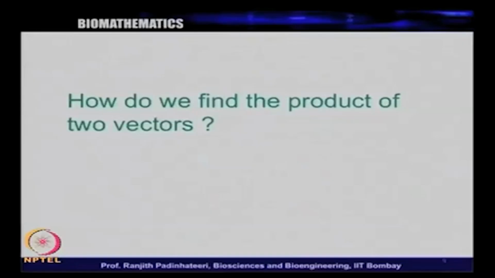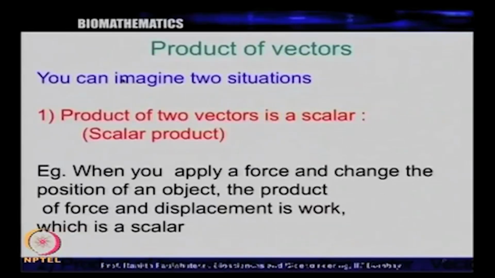It turns out that the product of two vectors can sometimes be a scalar, sometimes be a vector. So, you have two possibilities: the product can be either a vector or a scalar. You can imagine two situations. The product of two vectors being a scalar is one situation, which we just discussed.